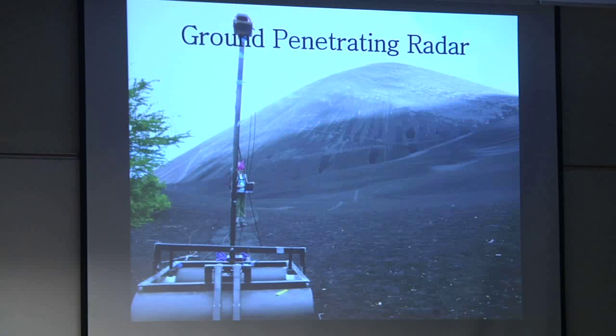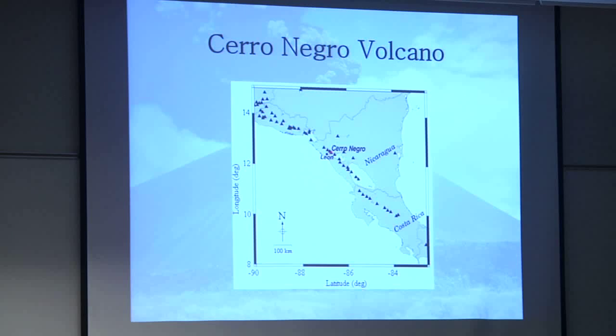So this is me at Cerro Negro volcano in Nicaragua, where I have done studies with this radar on the tephra. Cerro Negro is located in northwestern Nicaragua. It's a scoria cone. It first erupted in 1850, and it's erupted 24 times since. Eruptions tend to be characterized by plumes reaching 4 to 7 kilometers into the atmosphere.